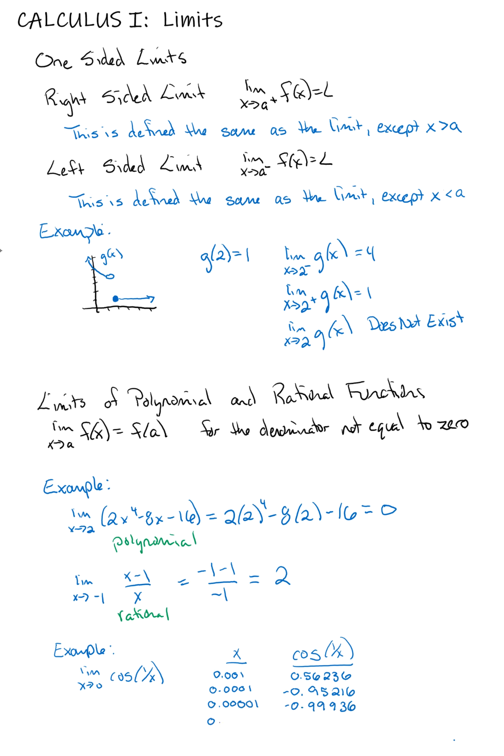Let's try another one, even smaller. Oh my, now this time we get a positive. So our pattern, not even looking at the numbers, is positive, negative, negative, positive. This is not getting close to one single number, so it turns out that this limit also does not exist.